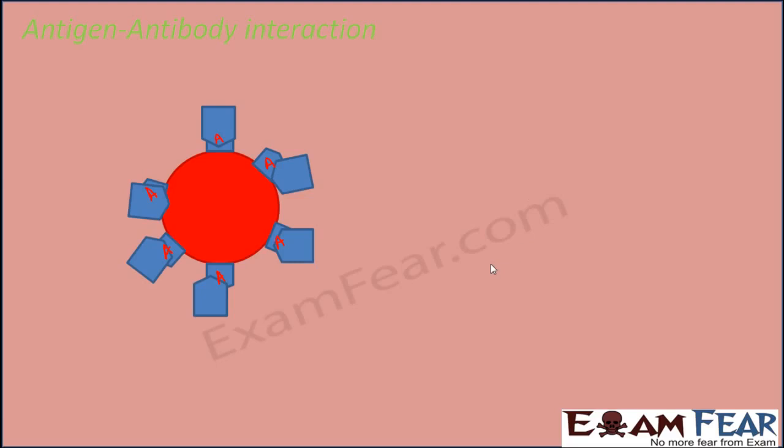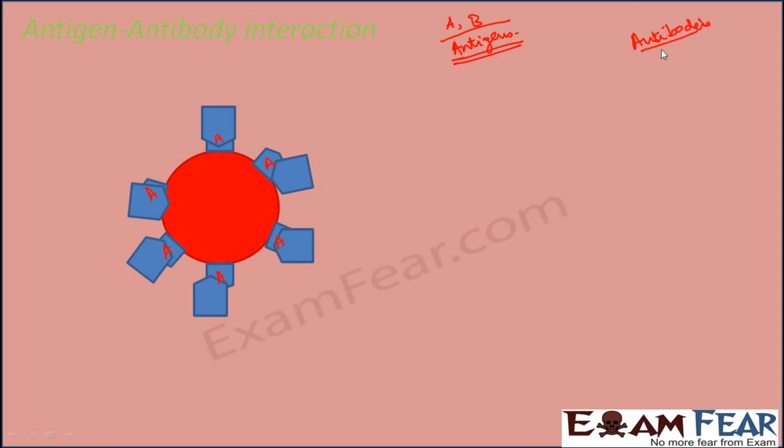Right? Now how do we denote antigen? As I said, there are two types of antigens, A and B. So whenever we want to denote antigens, we denote them by A or B. Now how do you denote antibodies?